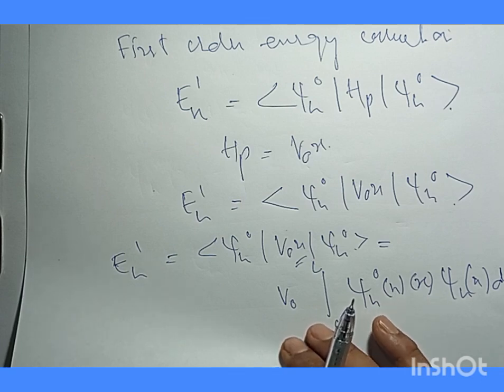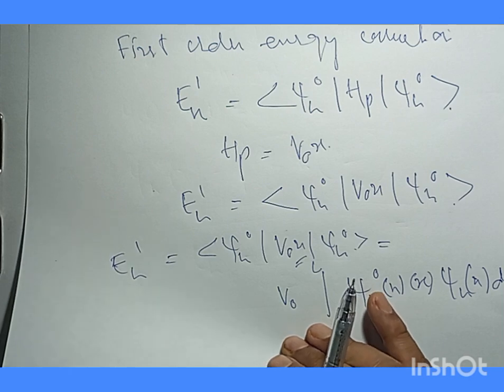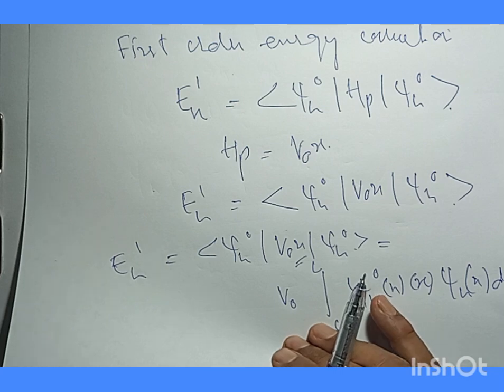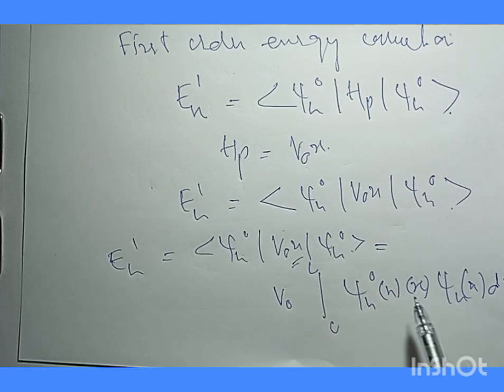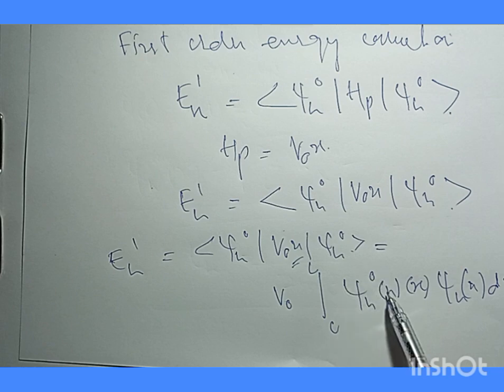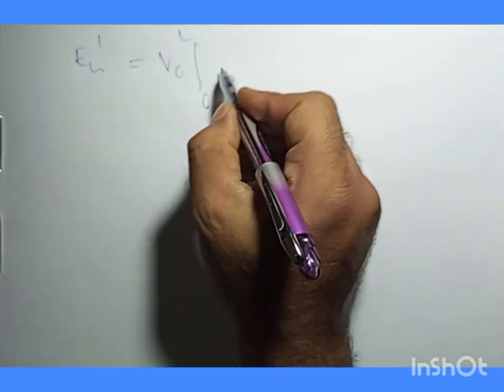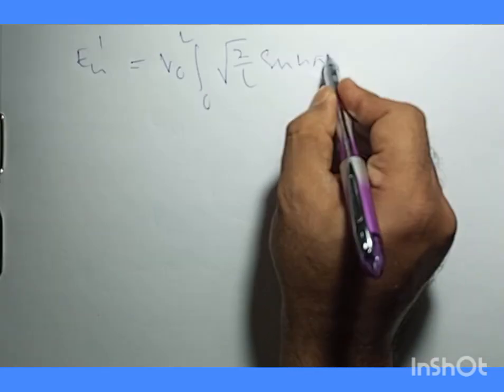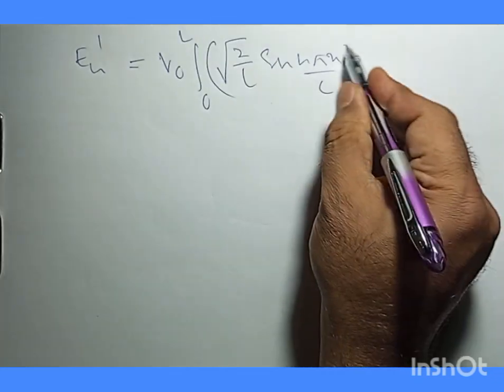Since psi n naught of x does not have any complex thing associated with it in the solution of Schrodinger's wave equation, we can simply multiply psi n naught of x with psi n naught of x. So what we will have is under root of 2 by L sine of n pi x by L, whole square.